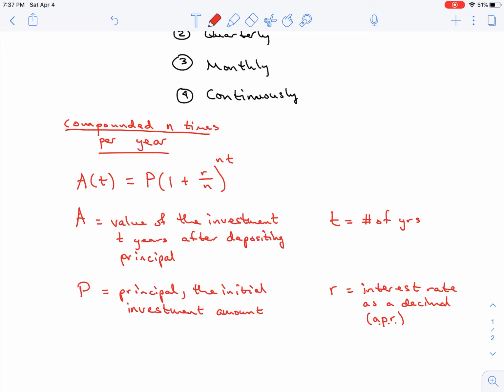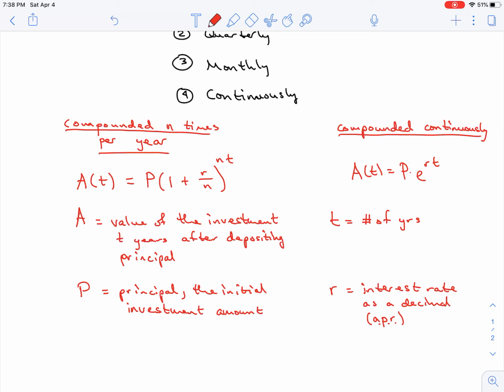And if it's compounded continuously, then you have A of t is equal to P times e to the RT. The P, R, and T are the same in both models. What changes is how often the interest is compounded.